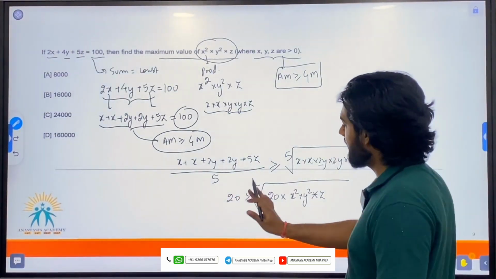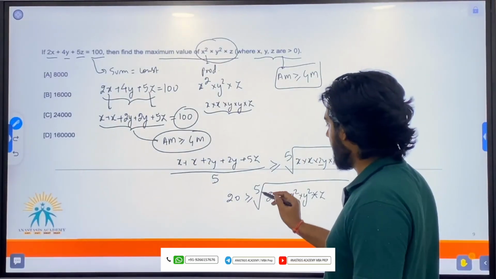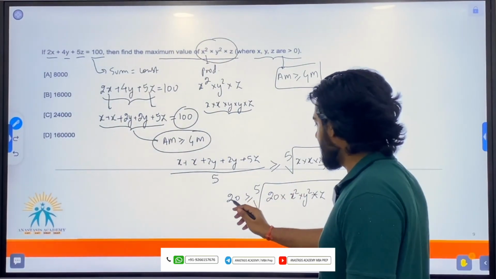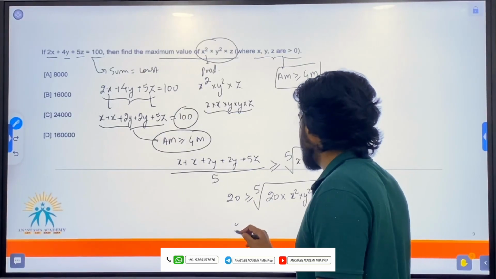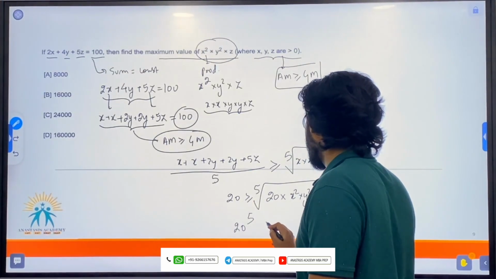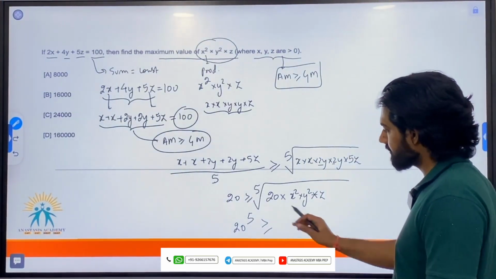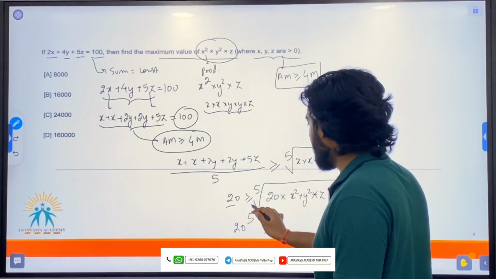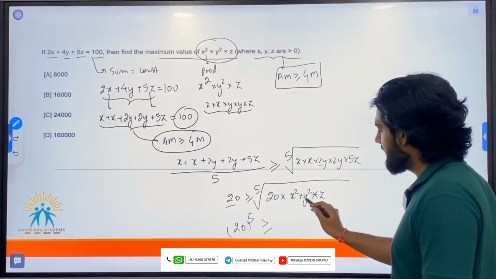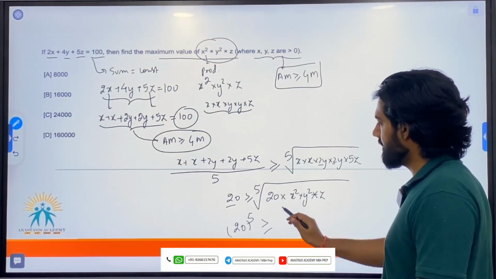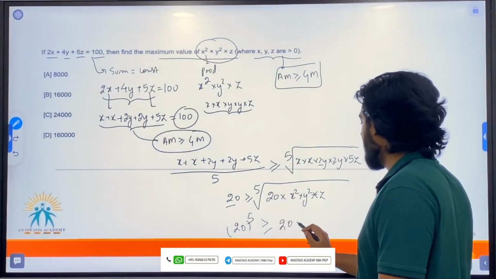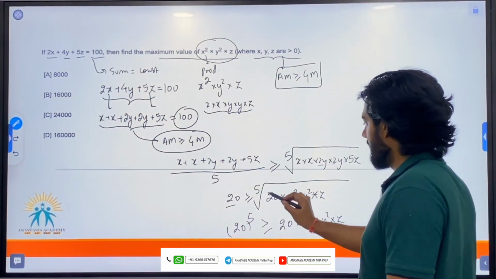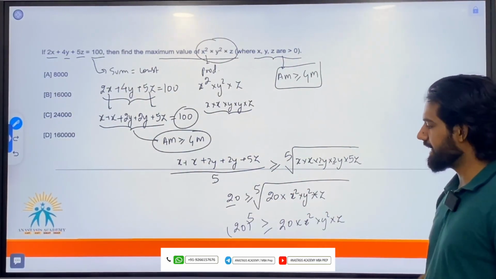Now this is a fifth root, so let's raise both sides to the power 5. 20 raised to the power 5 is greater than or equal to 20 times x square into y square into z, because the 1 by 5 and 5 get cancelled.